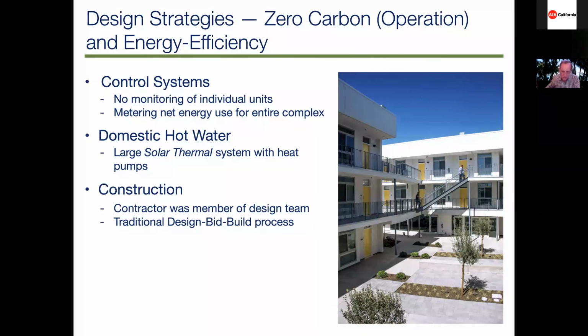Not surprisingly, the contractor was so familiar with the project and wasn't frightened by the zero net energy features that he became the low bid, as sometimes happens. So that all turned out for the good.